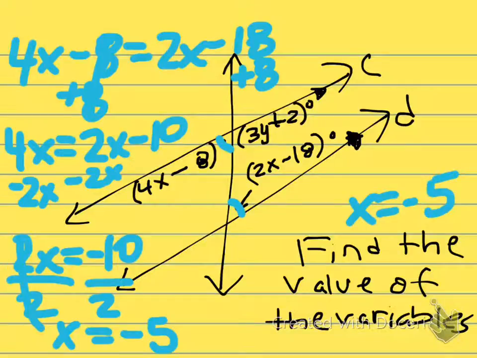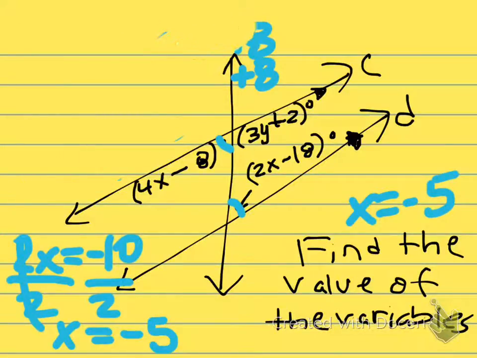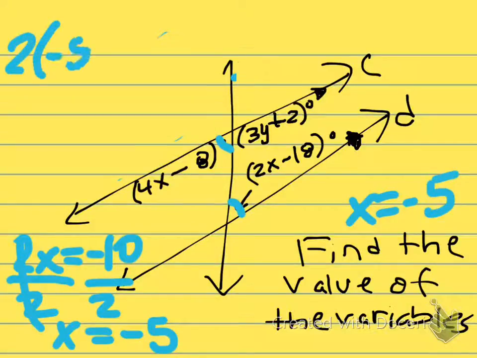And then we're going to take that value and plug that into x for the 2x minus 18 angle. And again, you're going to get a negative value.